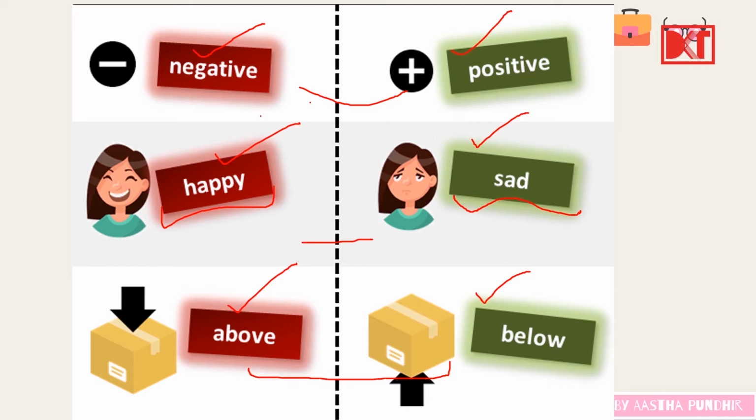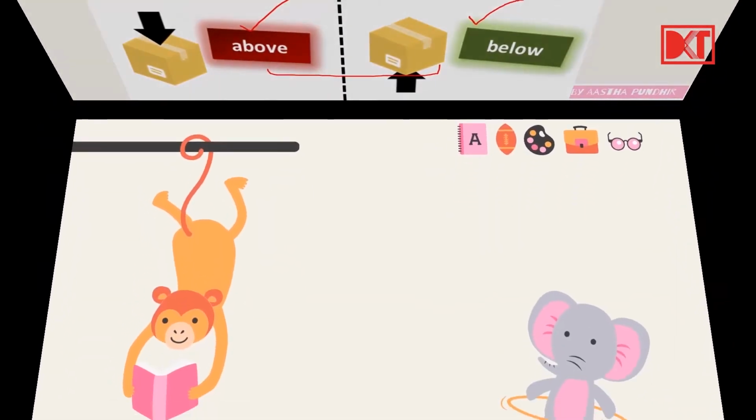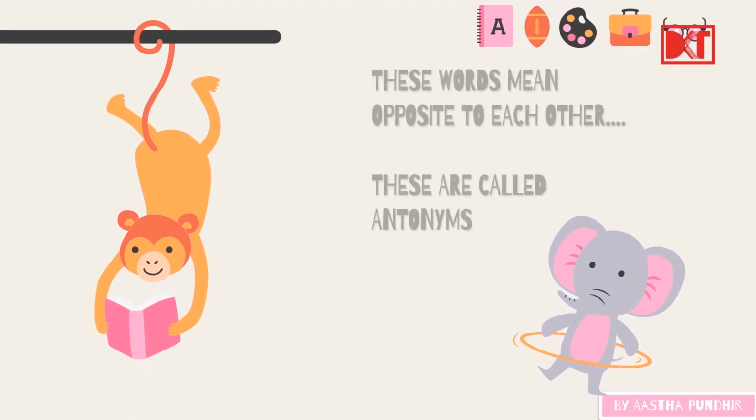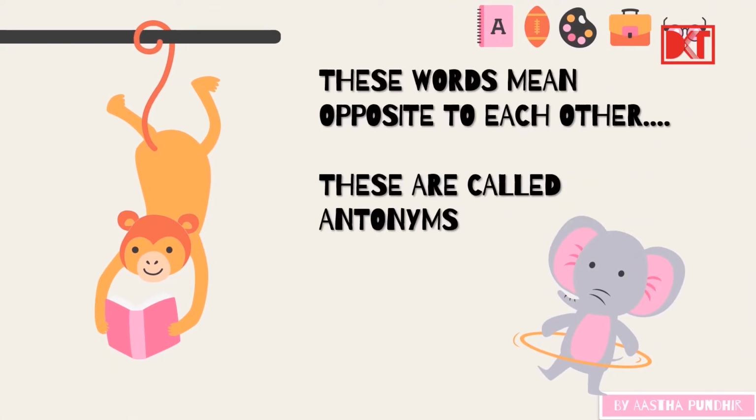These words mean exactly the opposite. So the words which mean opposite to each other, they are called antonyms. Synonyms थे the words which are similar to each other, which mean the same, and antonyms are the words which mean opposite to each other, right?